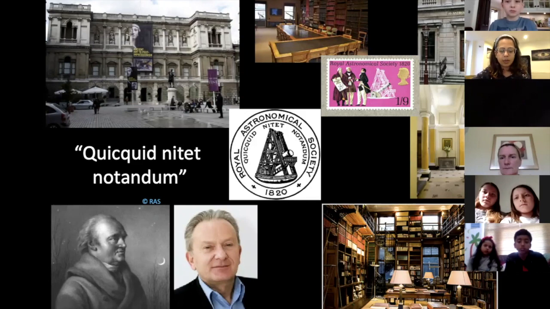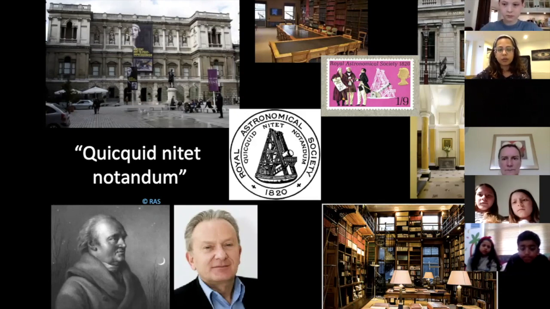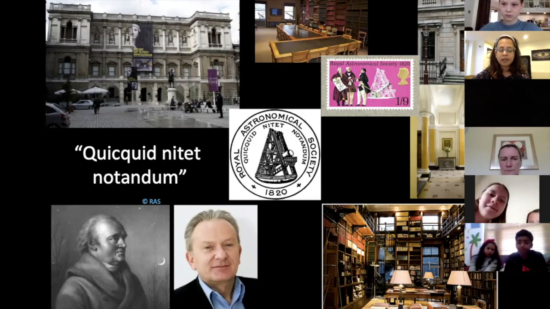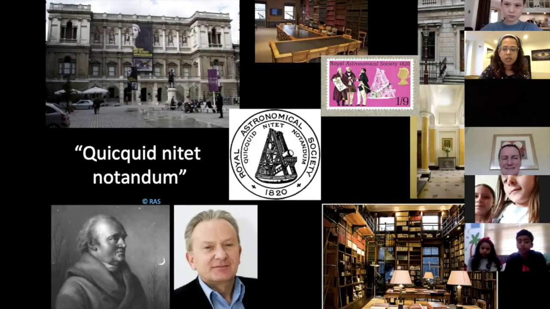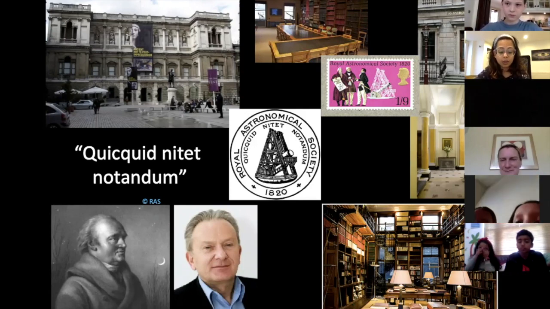But I like to show the picture because next to him is Professor John Zarnecki, and both of these people have been presidents of the Royal Astronomical Society, but within 200 years of each other. And I think it's uncanny that they actually look quite similar. They even have the same haircut. So they're 200 years apart, but they even look like each other. And what I'd like to do going forwards for the next 200 years is change the face of astronomy.